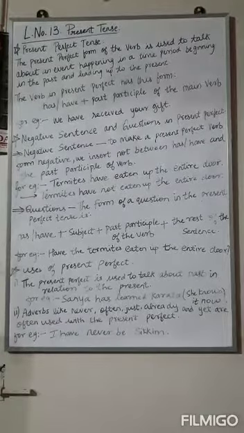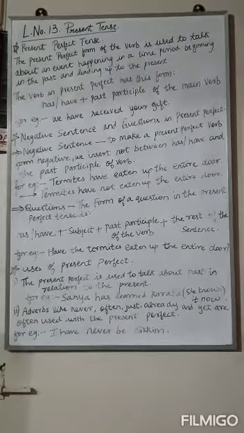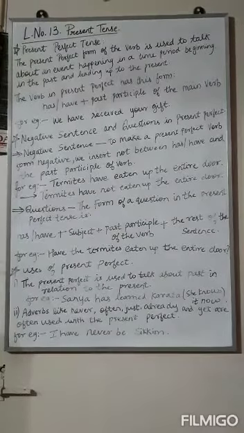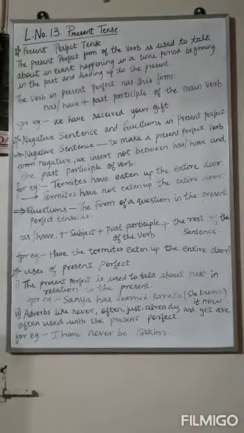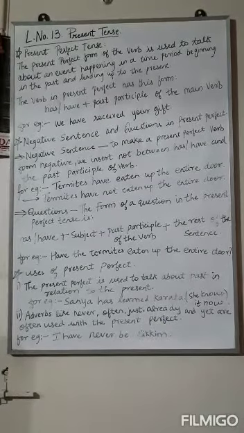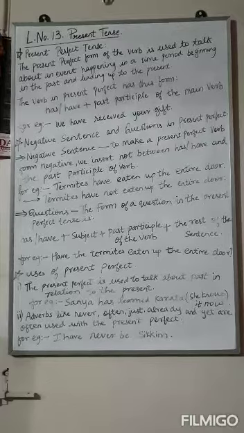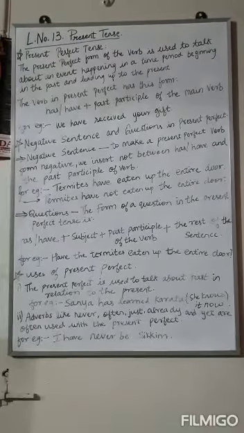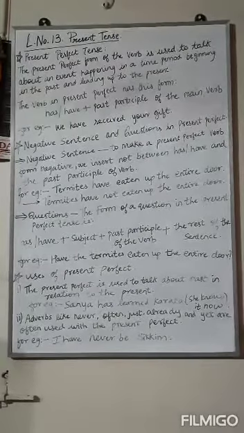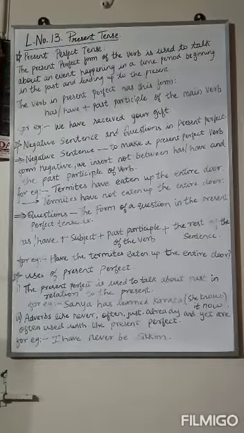The present perfect form of the verb is used to talk about an event happening in a time period beginning in the past and leading up to the present. Now the verb in present perfect has the form has or have plus the past participle of the main verb.